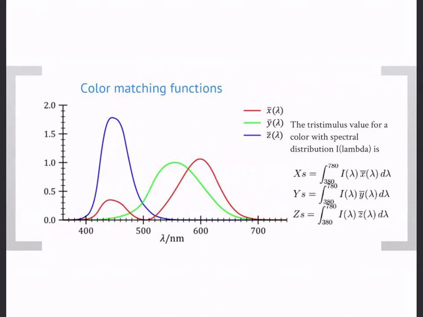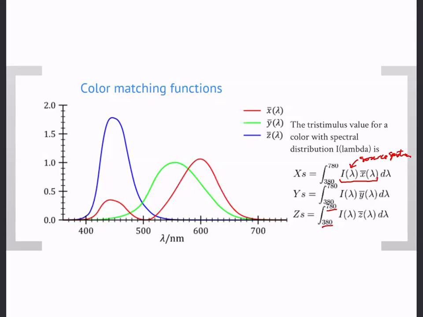visible band, 380 nanometers to 780 nanometers. And the integration is of a function I of lambda times X bar of lambda. Now, I of lambda is the input source spectrum. Okay, this is whatever the backlight of the LED times everything else, the polarizers, the LCD, whatever, in the case of an LCD display.